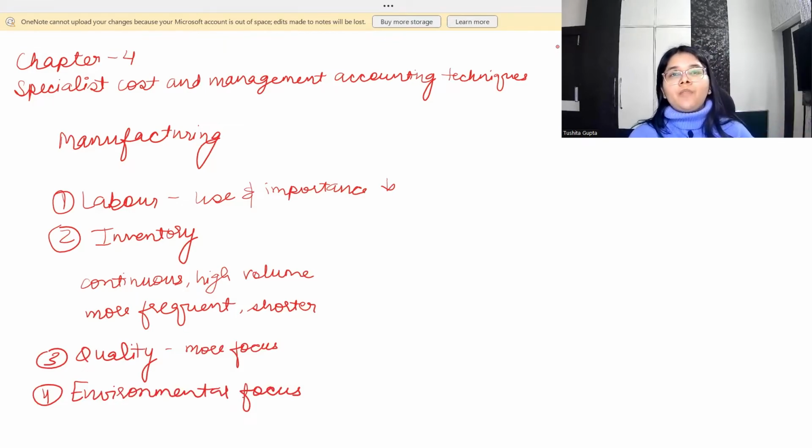Not only are the firms realizing this, the regulators, the consumers, everyone is demanding that organizations take care of the environment while they are producing the goods that they make. So this is all that we talk about with respect to the changes in the manufacturing environments.